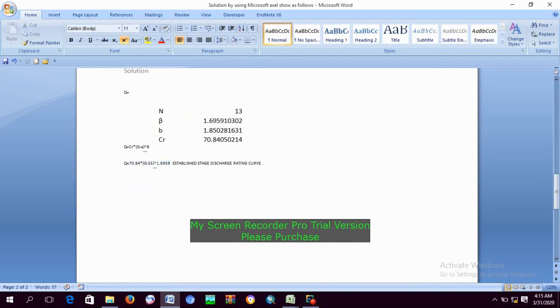Then we go to Microsoft Word. The answer to the correlation question: the correlation of the stage and discharge is good because r is equal to 0.983.